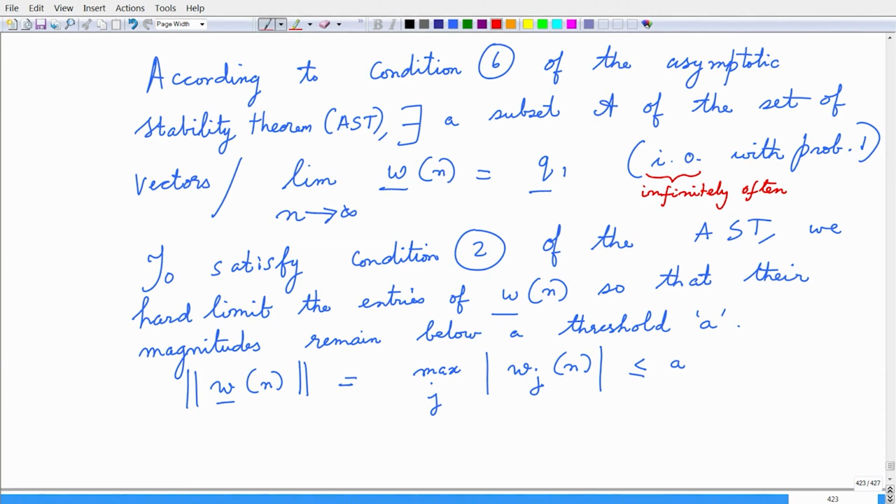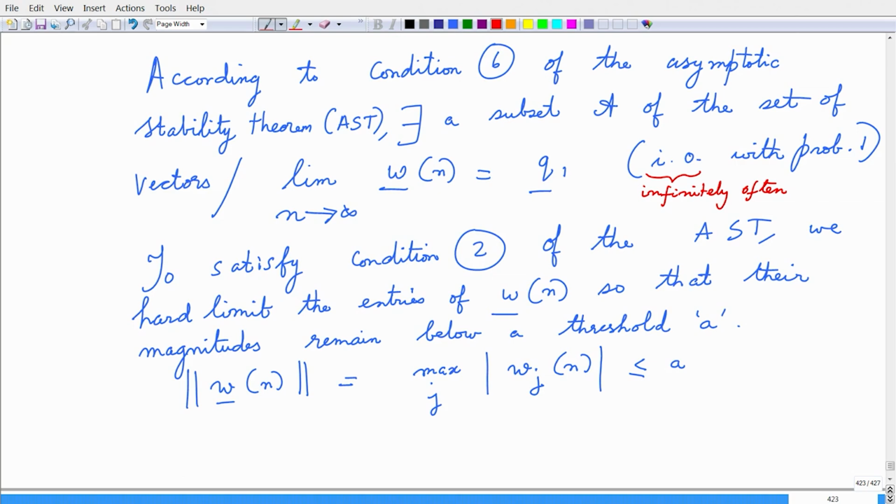and to satisfy condition 2 of the asymptotic stability theorem, what we had to do is we had to normalize, right. So, what we do here is we hard limit the entries of this weight vector, so that their magnitudes remain below a threshold, say A, right.